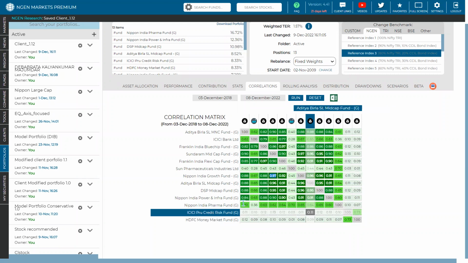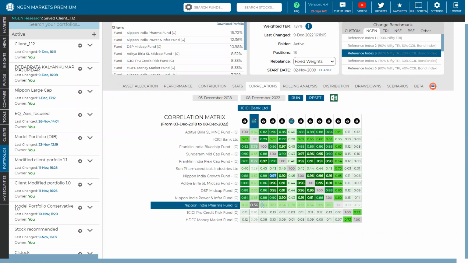Now, in this case, you can also see a difference in sectoral correlation. For example, Nippon India Pharma has a low correlation with Sundaram Mid Cap or any other equity funds like Nippon India Power and Infra. So a difference in the sectors and different types of thematic funds can also show a difference in the correlation.